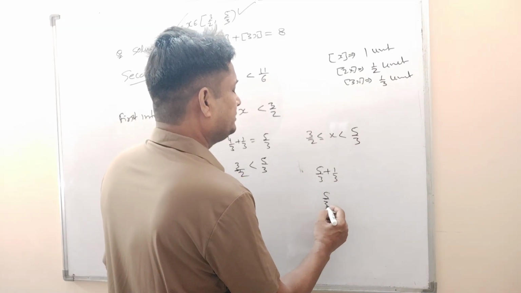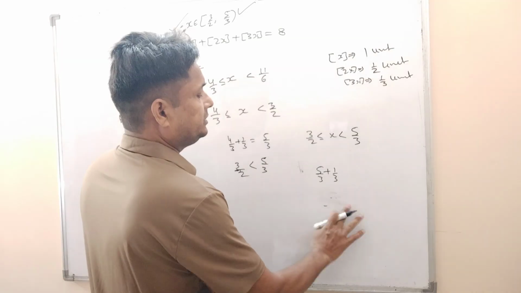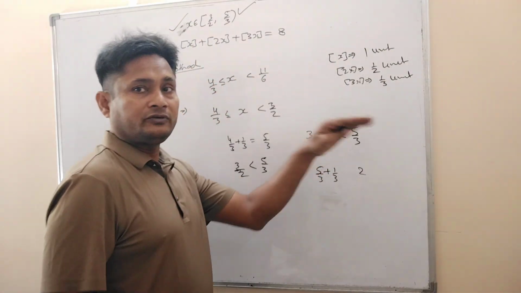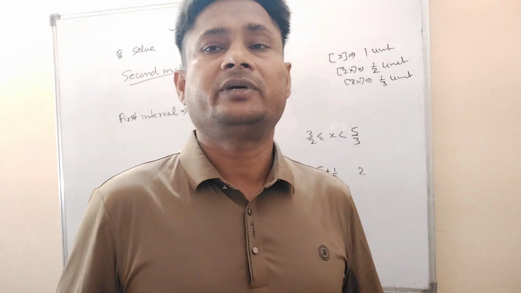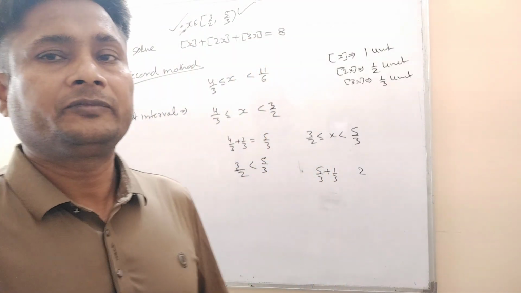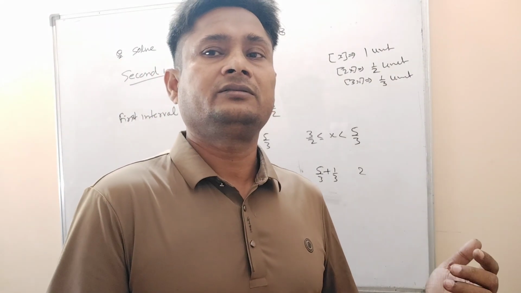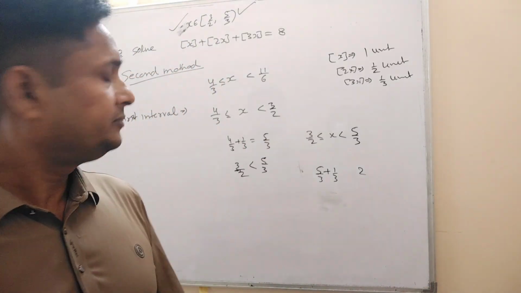What is coming? It will be 2, which is beyond 11 by 6. So next interval you can take 11 by 6. So I have discussed two methods. Whatever method suits you, you can follow it.